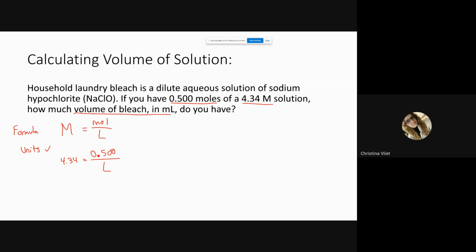You have to get it out of the denominator first. So you multiply both sides by L to get it out of the denominator, like that, right? And so you get 4.34 times L equals 0.5. Now, how do you solve for liters now?